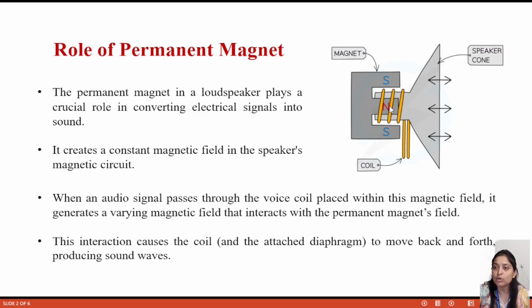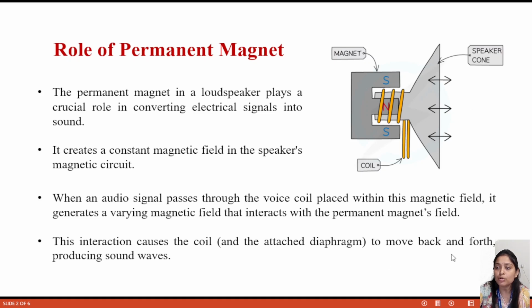Just above the voice coil there is a diaphragm attached, which is a very thin sheet. When the voice coil continuously changes position, the diaphragm also continuously vibrates back and forth, so the sound waves are generated.